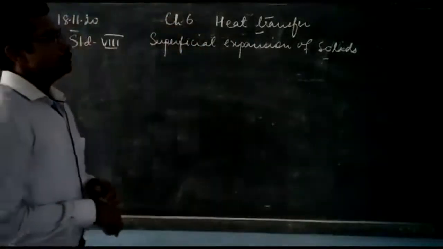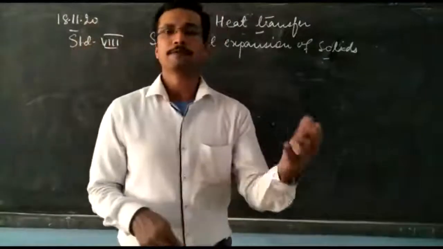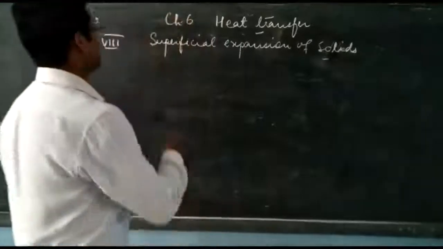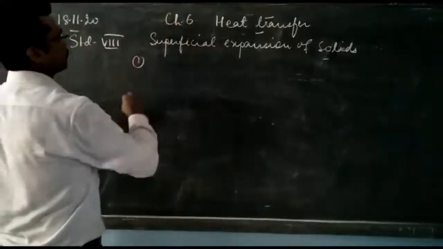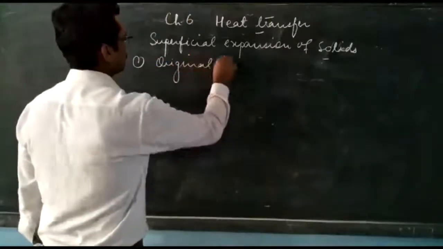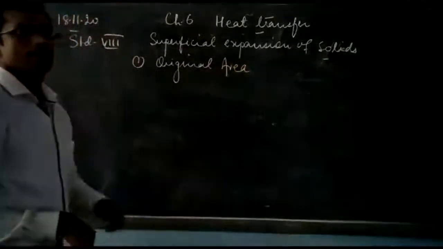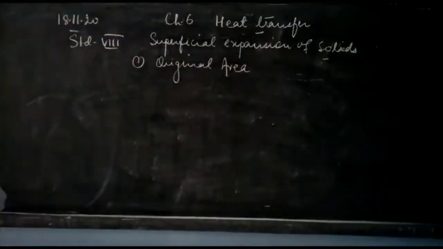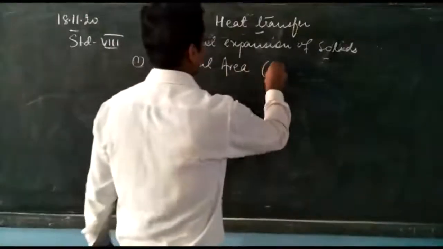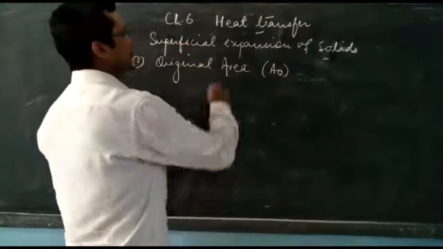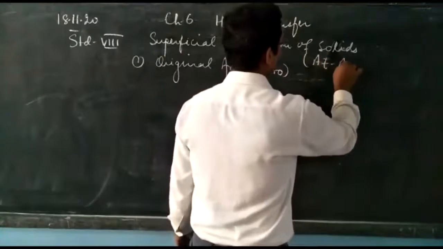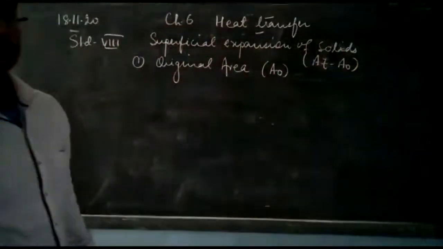And like linear expansion, superficial expansion also depends on three factors. First is the original area. Original area can be taken as AO, and superficial expansion can be written as AT minus AO, meaning the increase in the area.